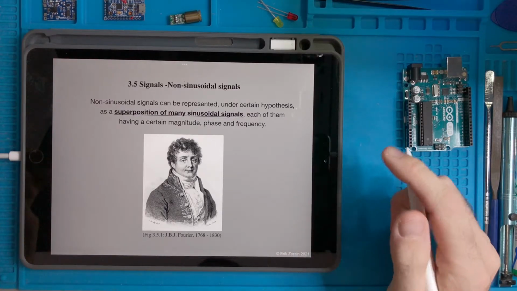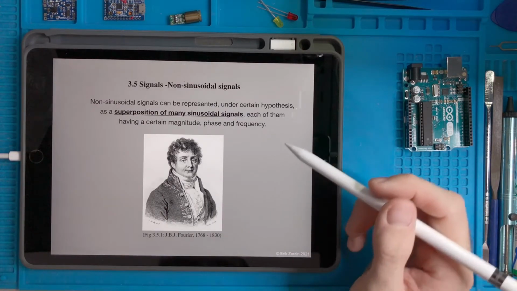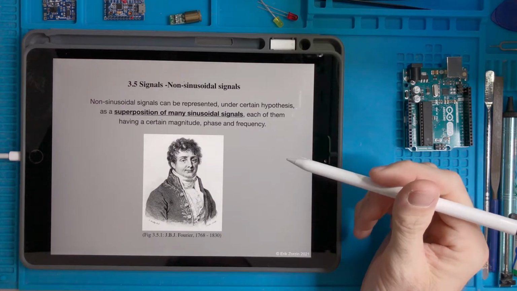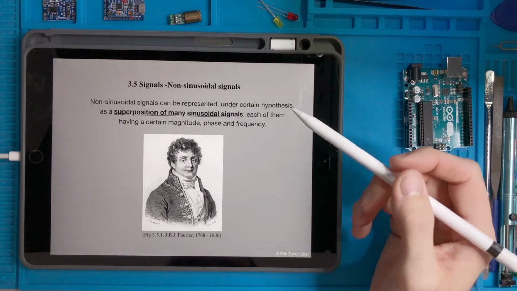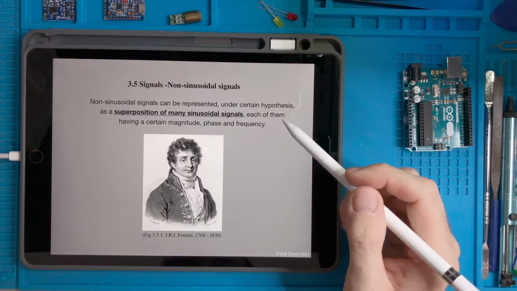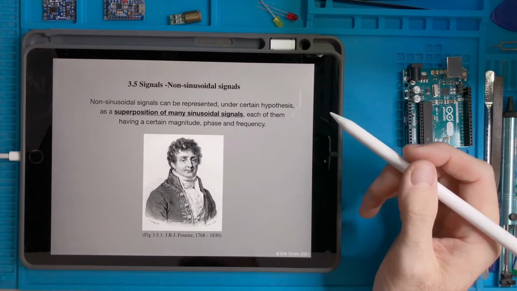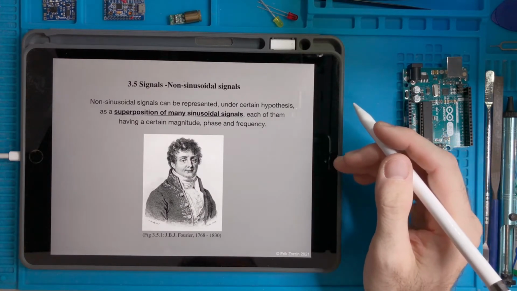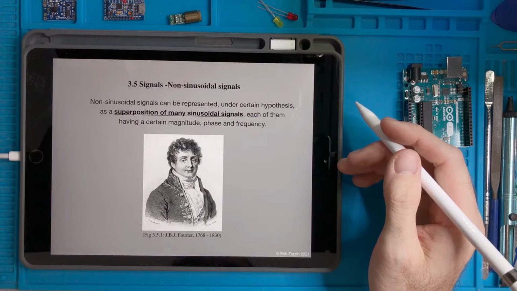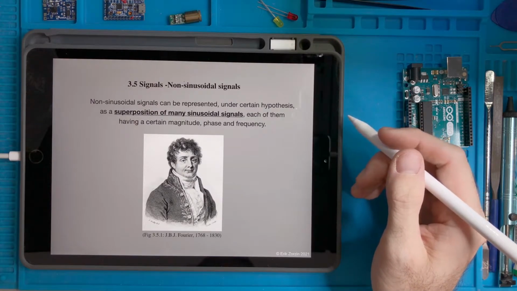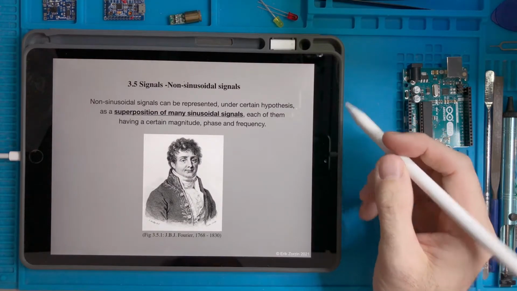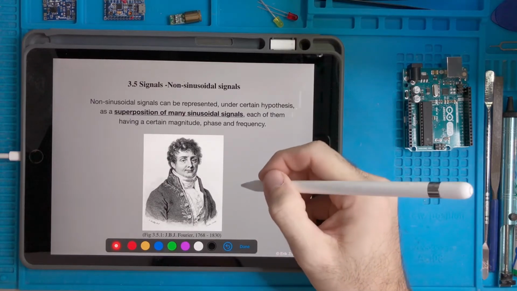Okay, now the idea. The idea is that, as we anticipated, we also want to deal with non-sinusoidal signals, which means for us any signal, like a signal like this.